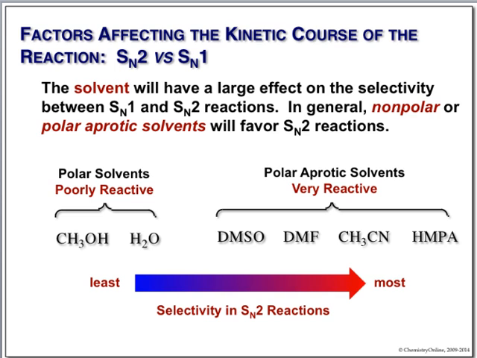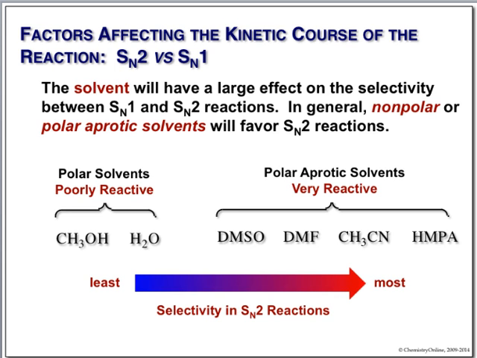Now we can even go further than that. Some of you may have heard of DMSO, dimethyl sulfoxide. These are referred to as magic solvents. These are more properly polar aprotic solvents. So they are polar.